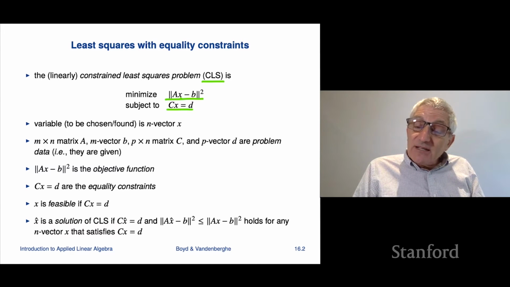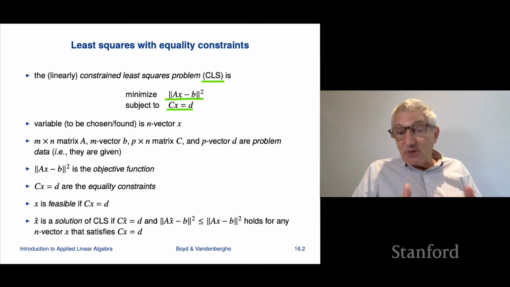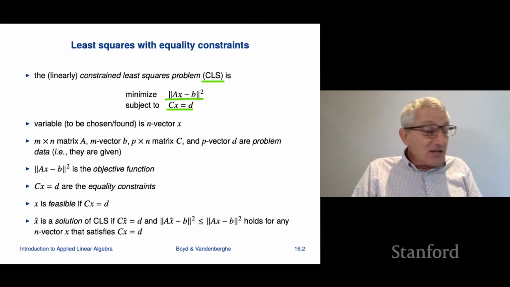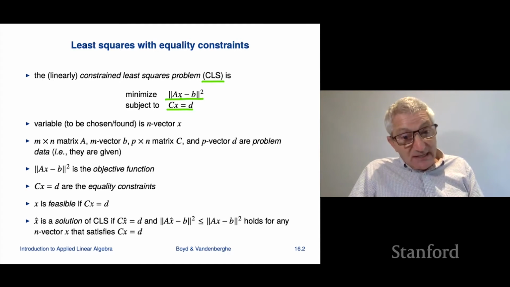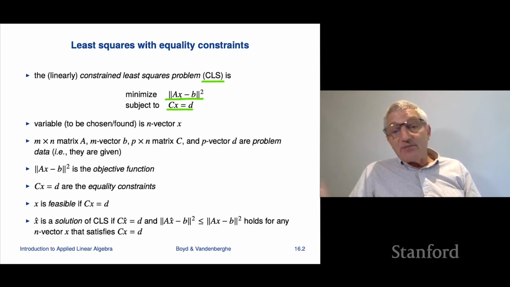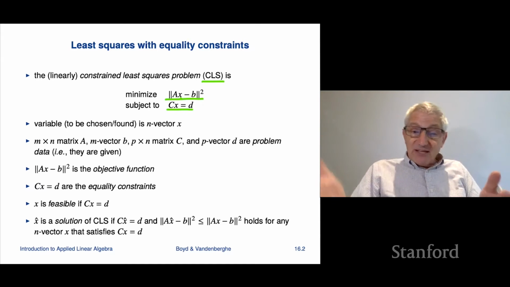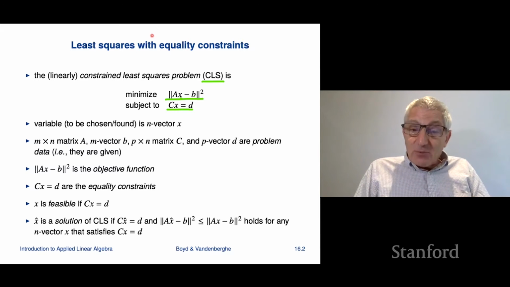The constraint says we will not consider any x that does not satisfy it. If someone comes along and says, how about this x, and Cx is not equal to d, we're not interested. If Cx is equal to d, then we say that point is feasible, and then we ask for the objective. If we have two feasible points and one has a lower objective than the other, we prefer that one. So that's the semantics of an optimization problem.